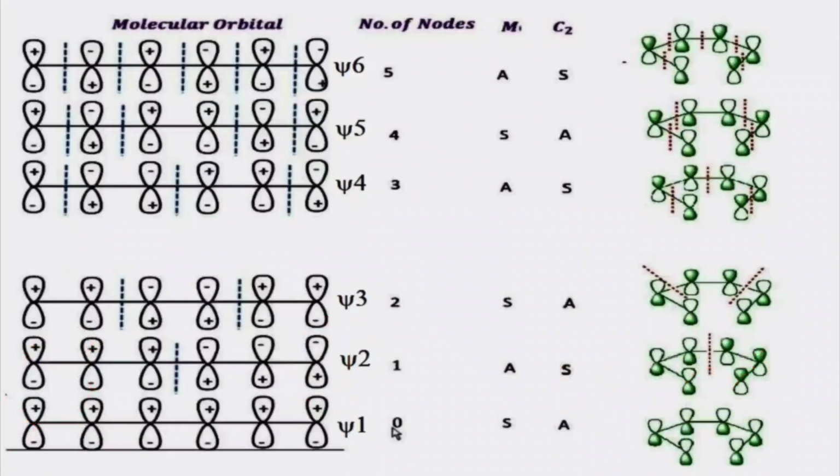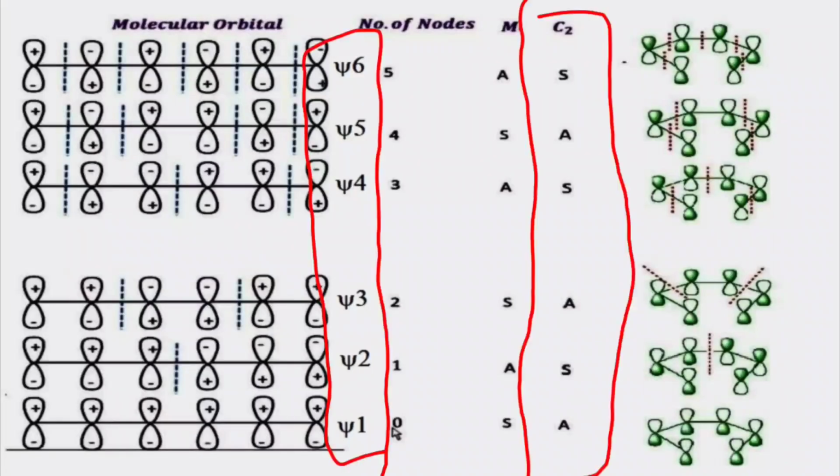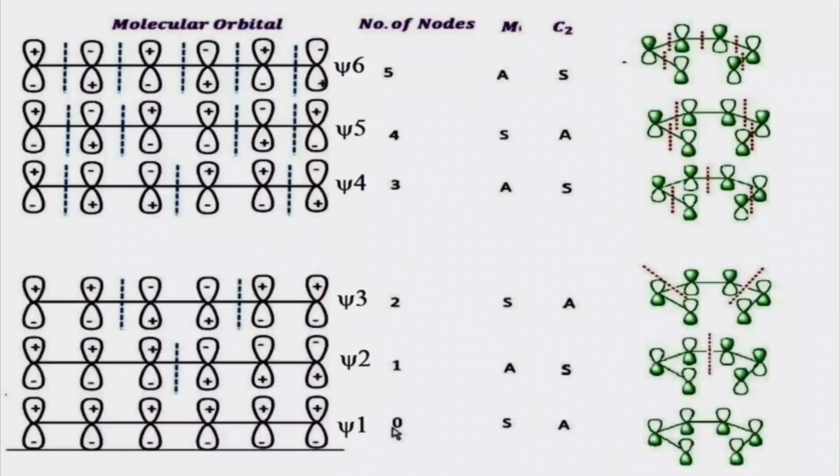This one is symmetric, psi 3 is asymmetric, psi 4 is symmetric, then psi 5 asymmetric, and psi 6 symmetric with respect to the C2 axis of symmetry. And the same results are shown. This is the C2 axis of symmetry: psi 1, psi 2, psi 3, psi 4, psi 5, psi 6, asymmetric, symmetric, asymmetric, symmetric, asymmetric, and symmetric.